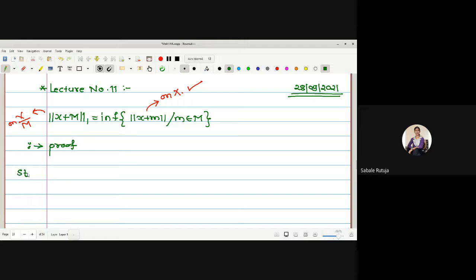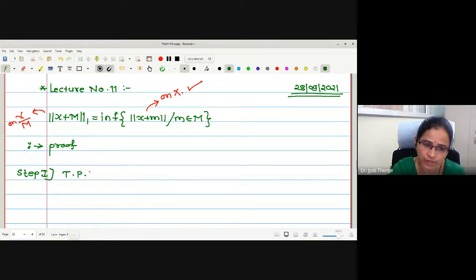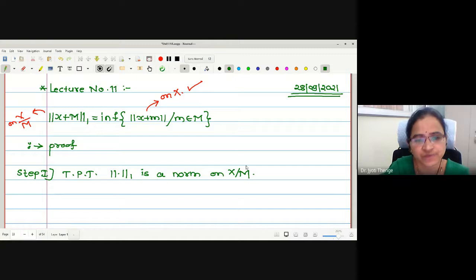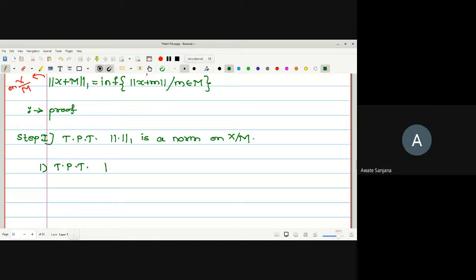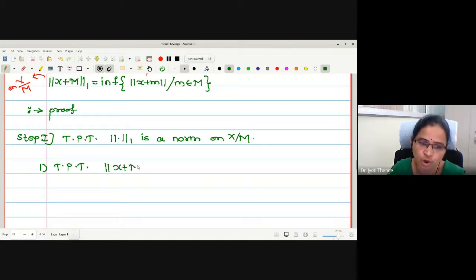Yes, ma'am. Okay, step 1: we will first prove that this norm 1 is a norm on X/M. Let us verify all the 4 conditions one by one. What is the first condition to prove? Non-negative. Yes, non-negative. Norm 1 of x + M is non-negative, we wanted to prove.